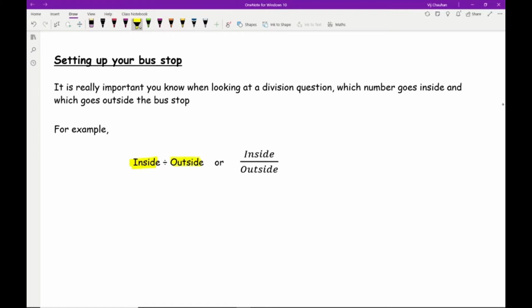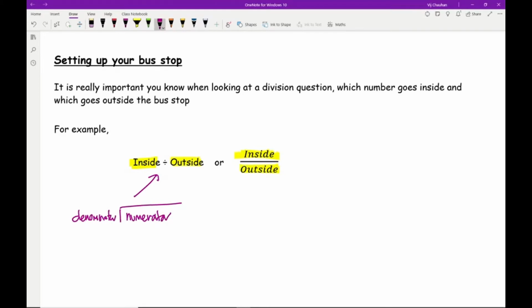And if your division question is written as a fraction, then the numerator, or the top number, goes inside and the bottom number, or the denominator, goes on the outside of the bus stop. So what we're looking at here is we've got our numerator goes inside and our denominator goes outside.